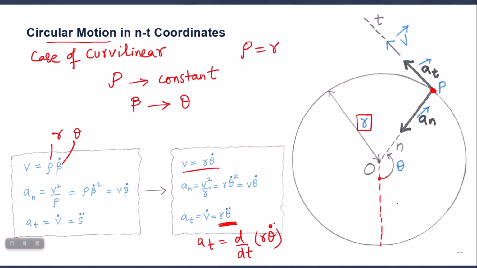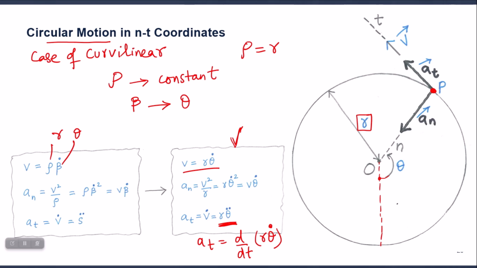So in the circular motion case, we can directly apply these three equations if we decide to describe that circular motion in terms of n and t coordinates, right? It is very important that for any given problem you identify exactly what coordinate system will be suitable to describe that motion. If you have a problem of projectile motion, I would suggest to always use the xy coordinate system.